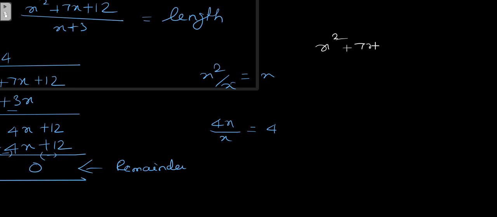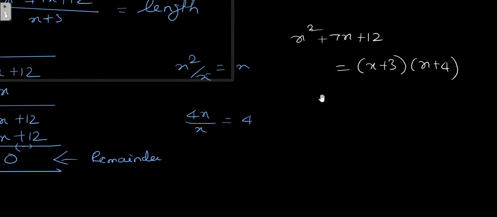Okay. So I can write x squared plus 7x plus 12 is equal to the exact factors, x plus 3 into x plus 4. Clear? As you know, this is the quadratic equation.